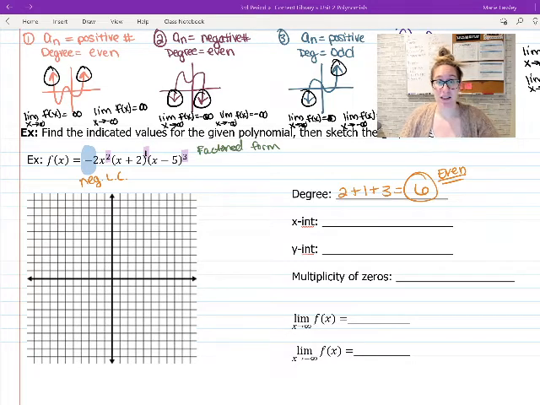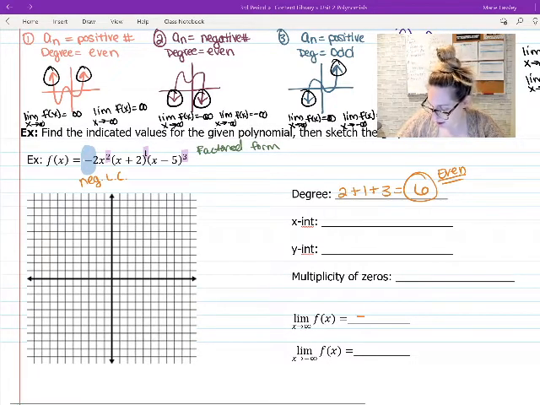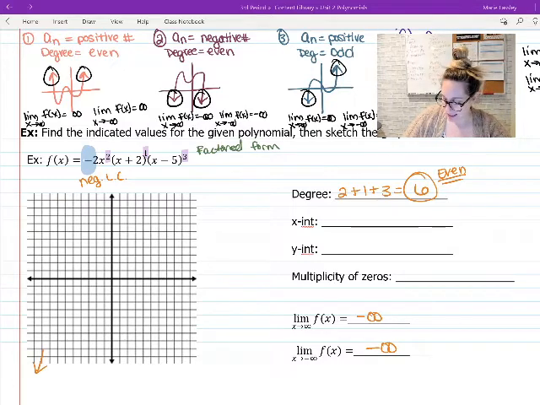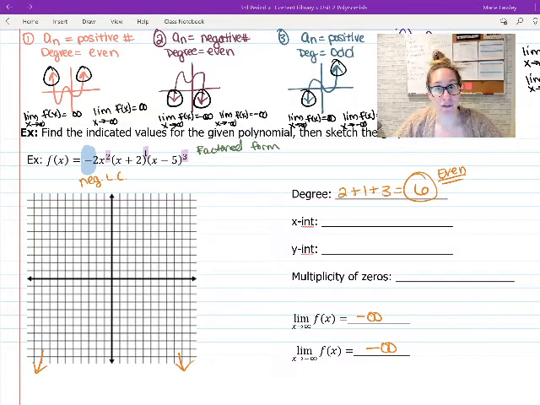I already know based on the pattern, it's going to be negative infinity, negative infinity. They go the same direction because it's even, and they're both going down because of that negative leading coefficient out front. So I know that my graph is going to be pointing down as it moves off of the graph.